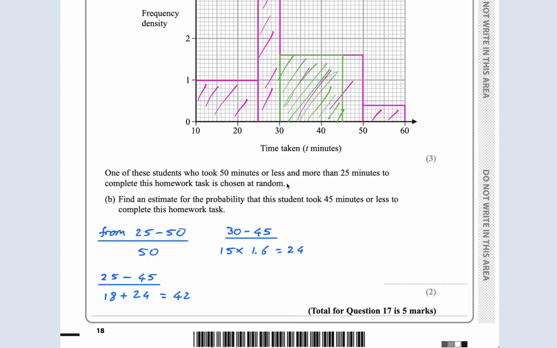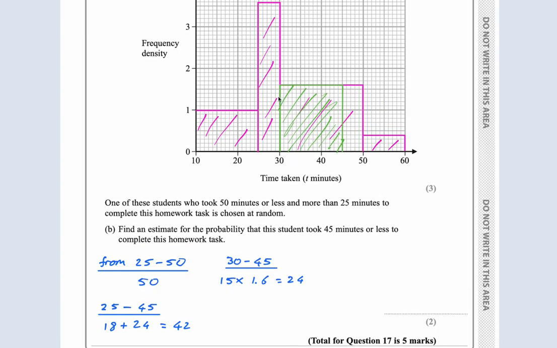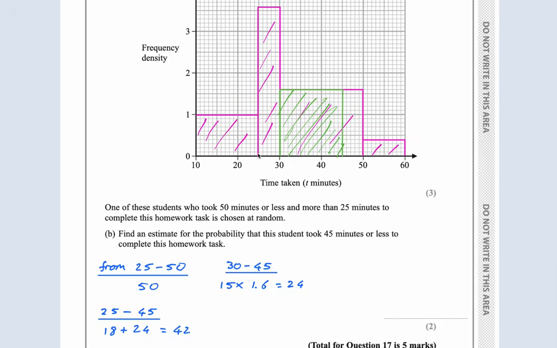So out of all these people, this is a conditional probability, guys, and I realize this is a bit tricky. So everyone from here to here, there's 50, and I got that by getting the area, or I just looked at the table.